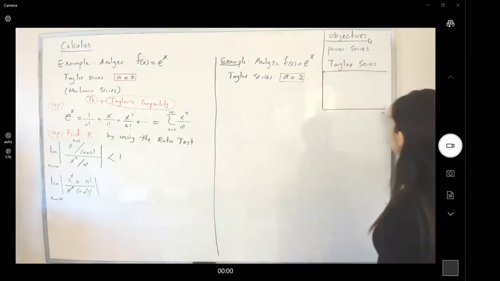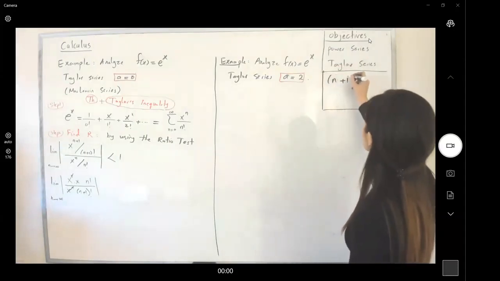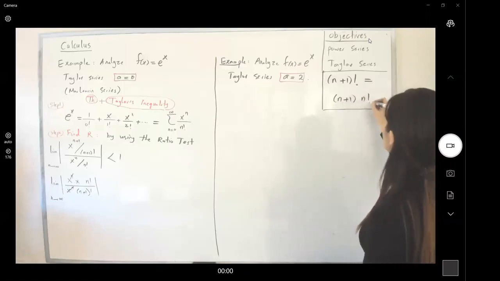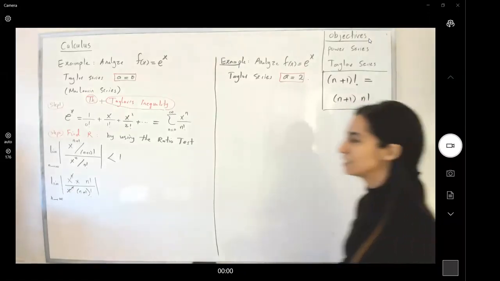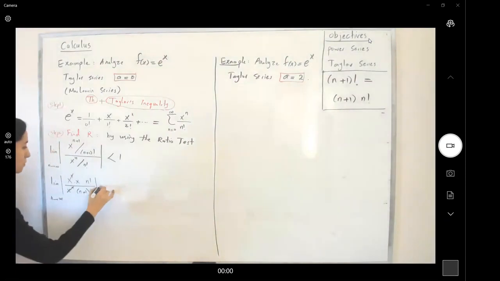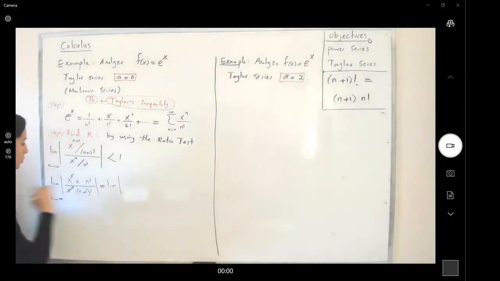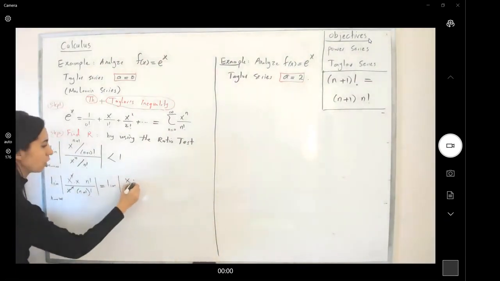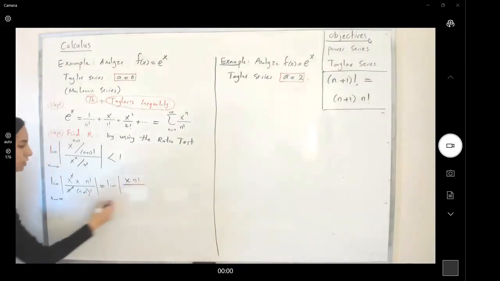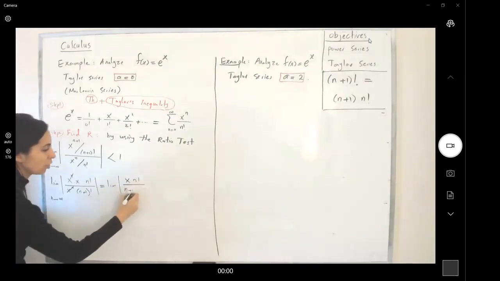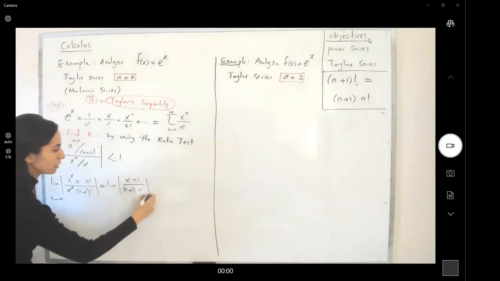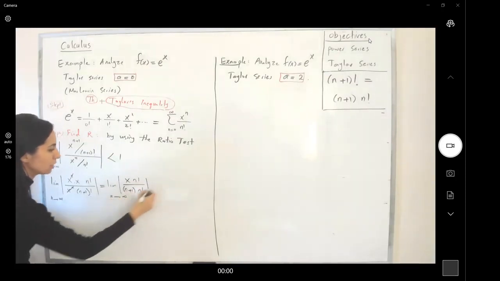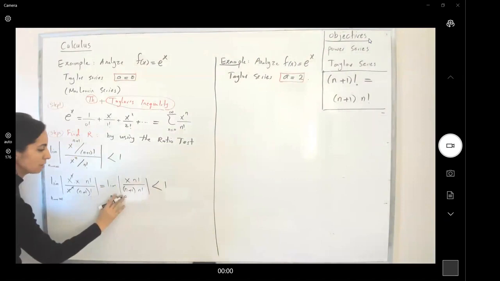Remember that n plus 1 factorial is equal to n plus 1 times n factorial. That's how you can simplify this limit. You get the limit of absolute value x times n factorial divided by n plus 1 times n factorial, as n goes to infinity, and this must be less than 1.